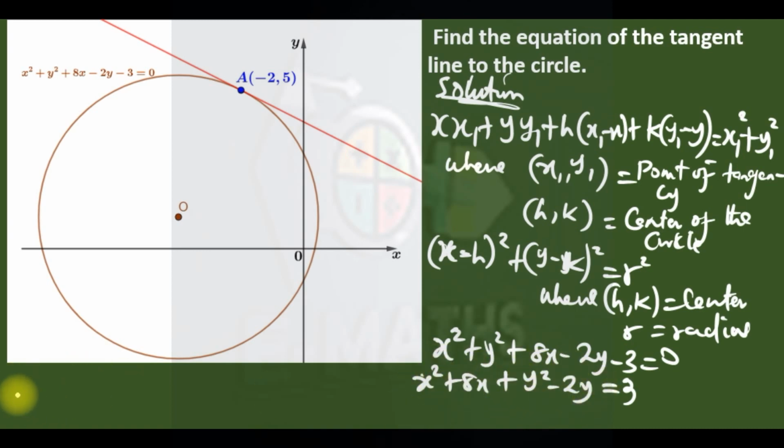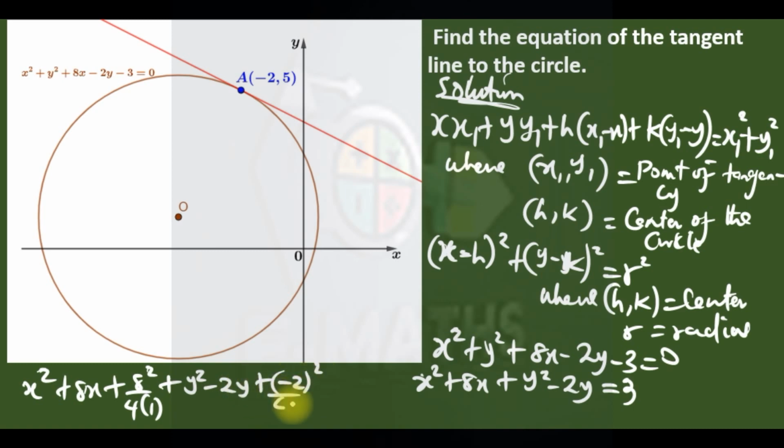So we need to add, we always add 8 squared over 4 times 1. Remember from our perfect square what I just explained, plus y squared minus 2y plus minus 2 squared over 4 times 1.